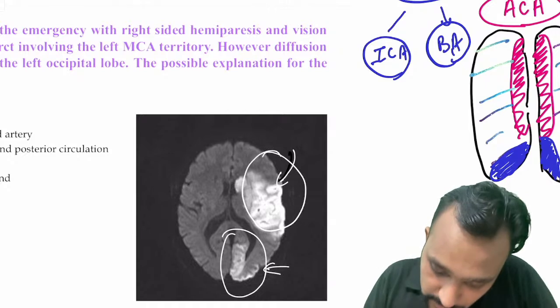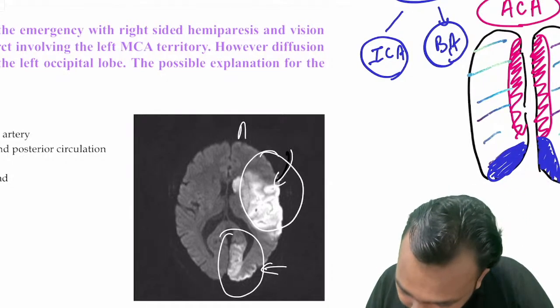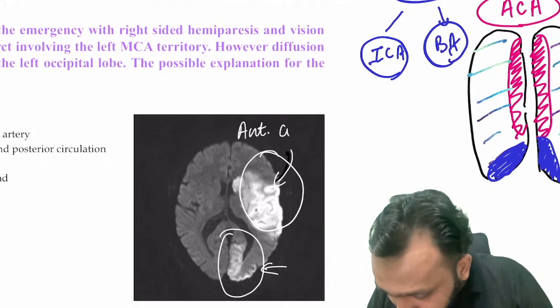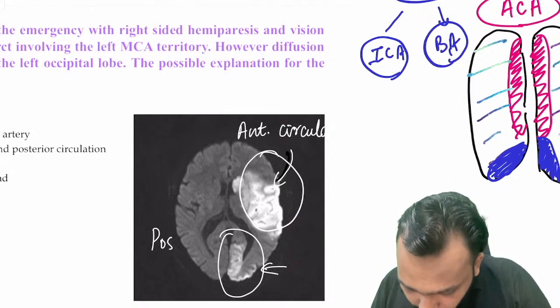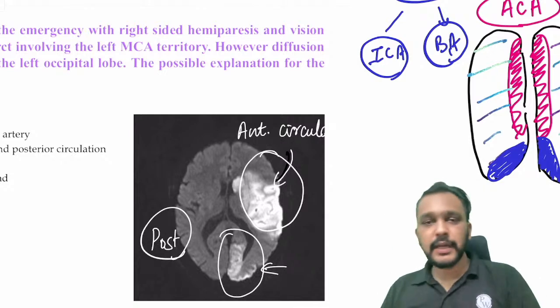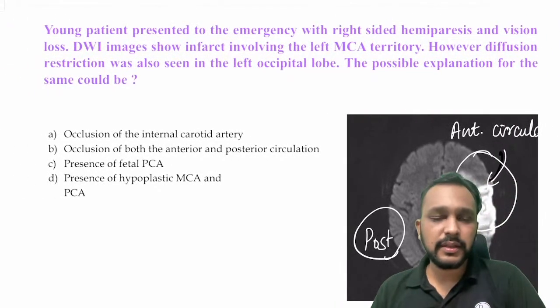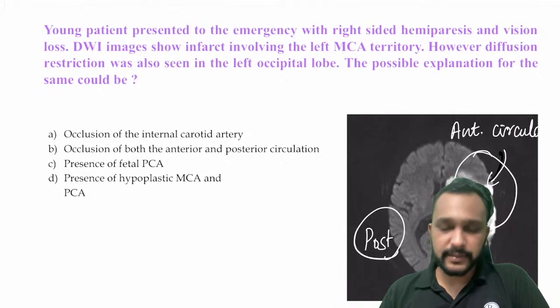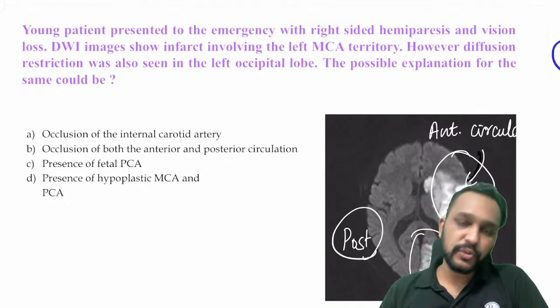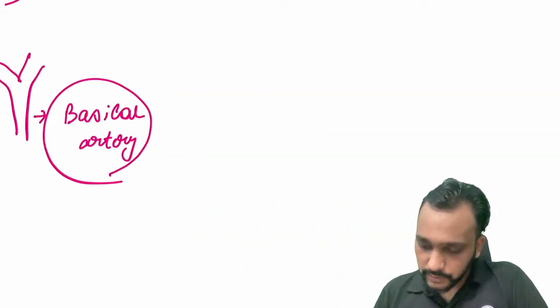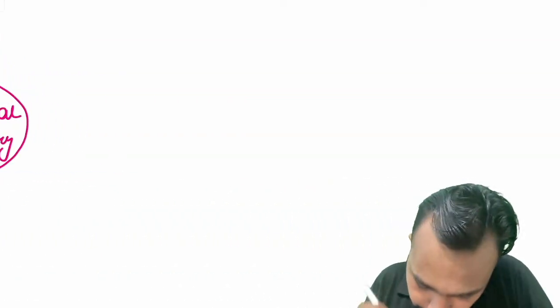There is a stroke involving the anterior circulation and it is also involving the posterior circulation. Now what has been asked to us is, what is the possible explanation for this stroke? Let me explain it to you.